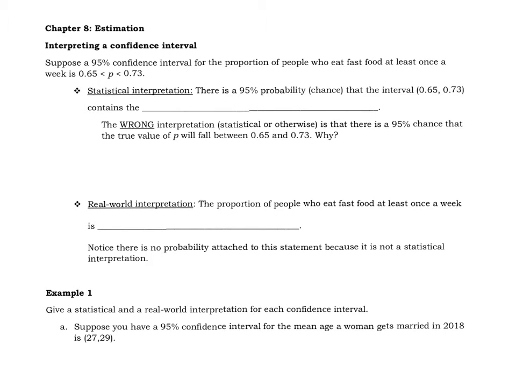So if we were to do a statistical interpretation, or if you will, an academic interpretation, what we would say is there is a 95% probability or chance that the interval 0.65 to 0.73 contains the true population proportion of people who eat fast food at least once a week.